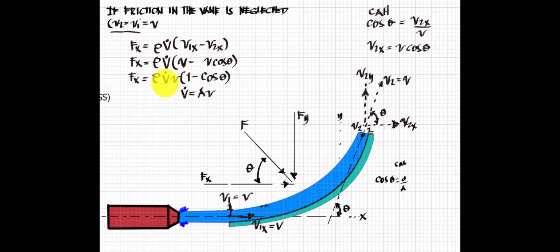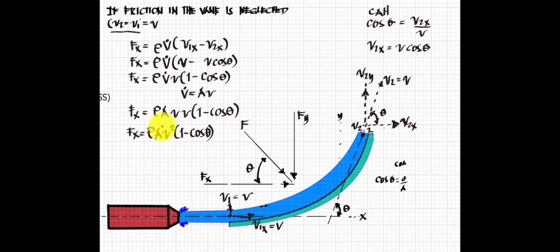So we can substitute this value. We have now F of x equal to density times area times velocity, then you have your velocity here, 1 minus cosine of theta. We can further simplify this as density times area times velocity squared, multiplied by 1 minus cosine of theta. So that is the reaction along the x-axis.